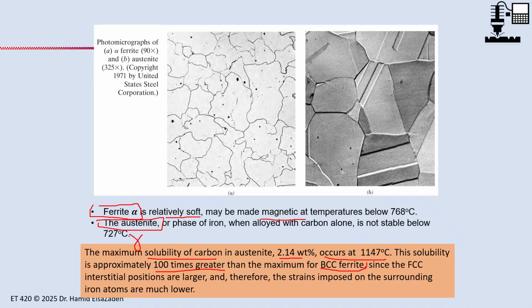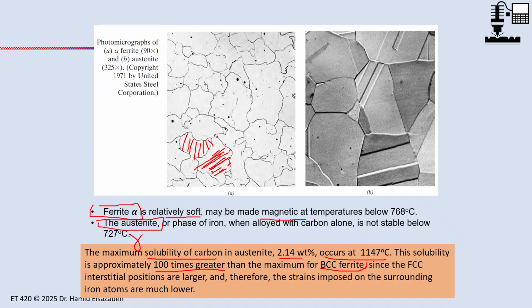The next slide. Here is the microstructure of ferrite and austenite under the microscope. You see these black lines? These are grain boundaries. This is a grain. As we mentioned before, all the unit cells within the grain have the same direction, the same arrangement, but this one may have a different arrangement.